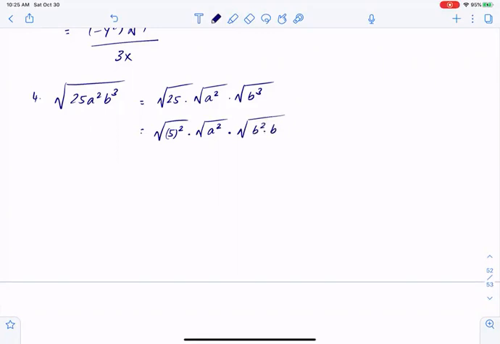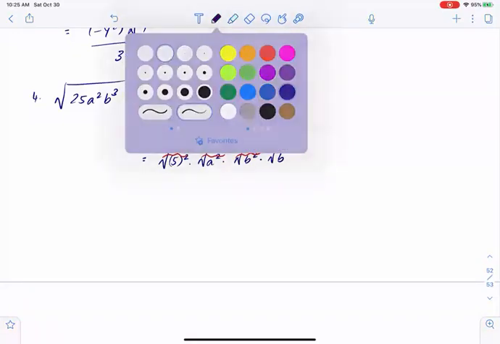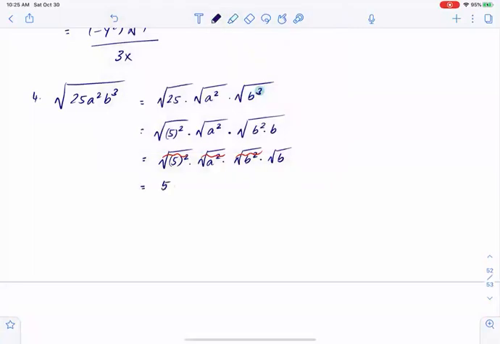I'm going with this approach because the power that is inside is bigger than the root. So I can split all the roots and cancel. So I'm left with 5ab multiplied by the square root of b.